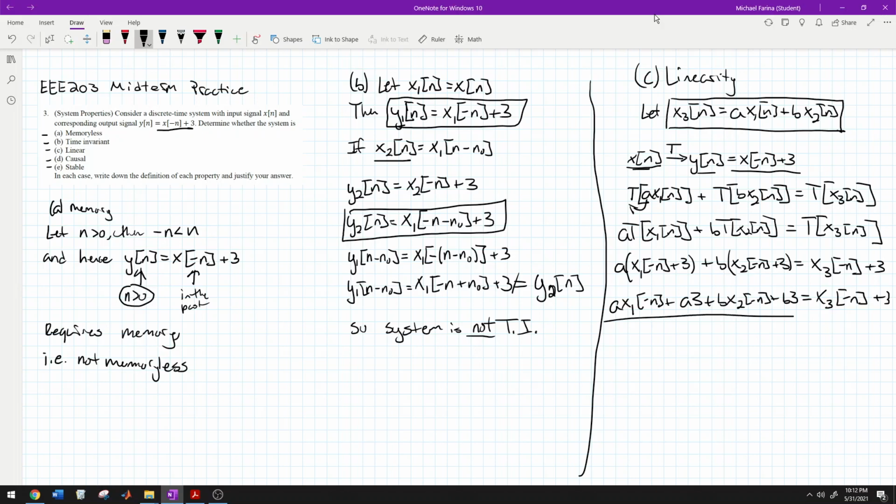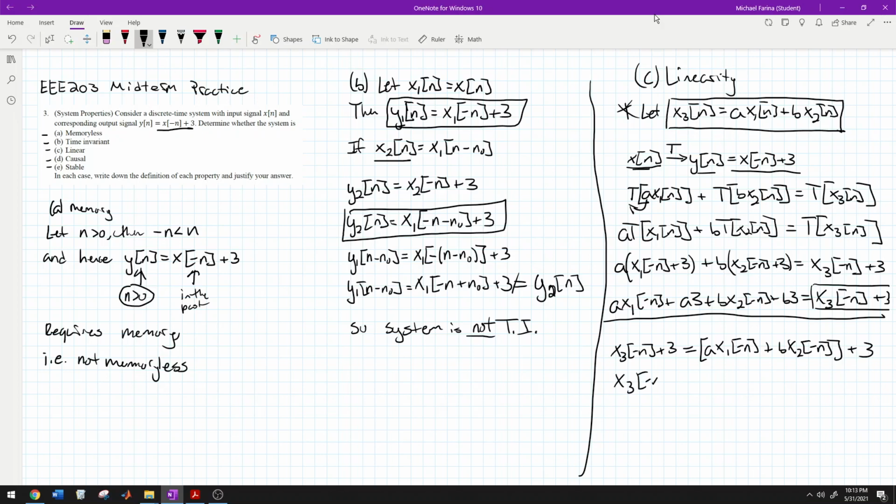So here's what we have so far, right? Let's take this part right here and take a closer look at this. x3 of negative n plus 3 is equal to, well, here's our relationship for x3 up top here, a x1 of negative n plus b x2 of negative n plus 3, and we can just drop the brackets.